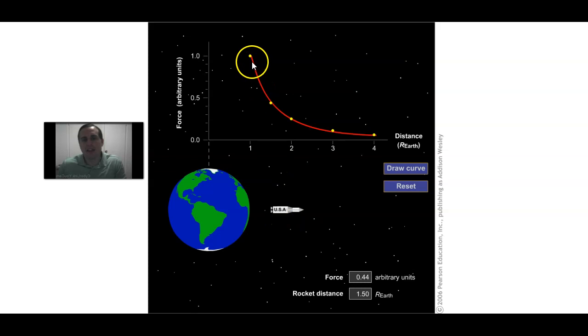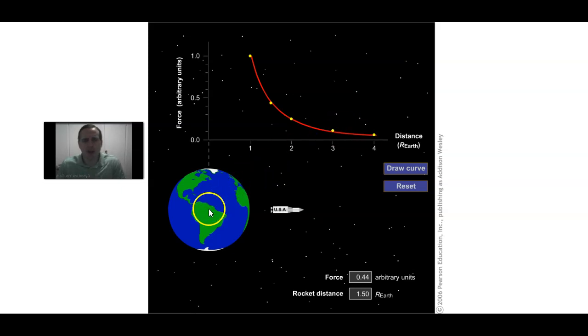Now, in fact, this property happens so often in physics, we give it a special name, and we call this the inverse square law. Many properties in physics, when they spread outward, have their influence falling off as 1 over r squared. Now let's think about why that is.